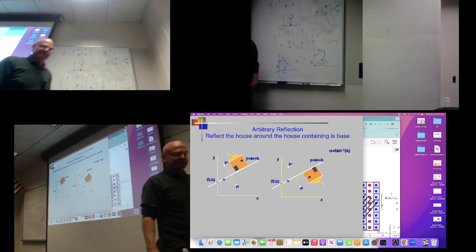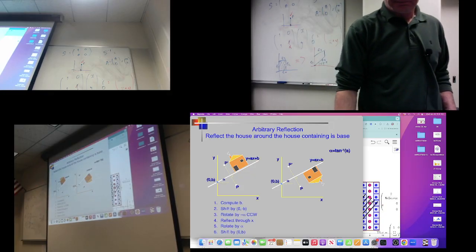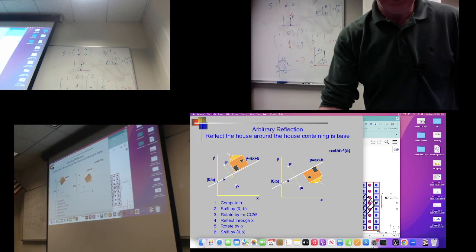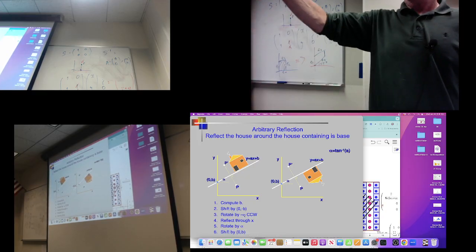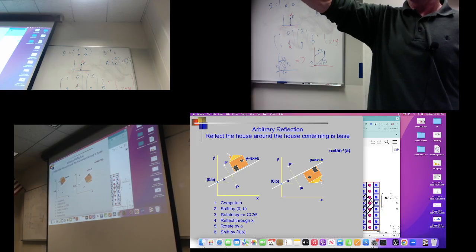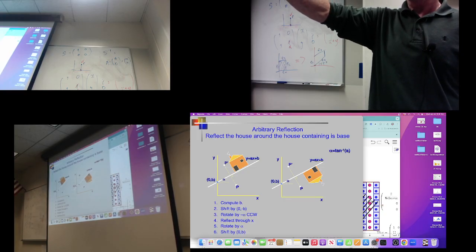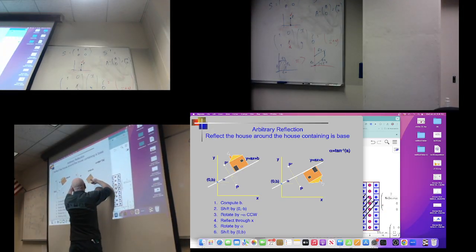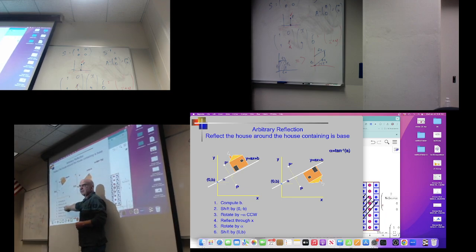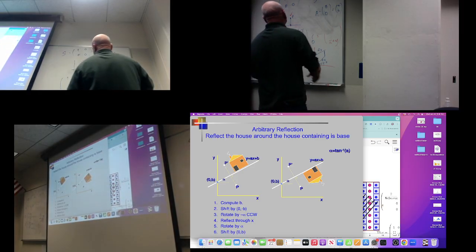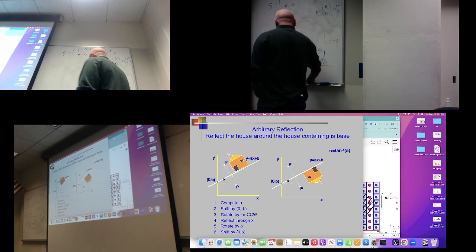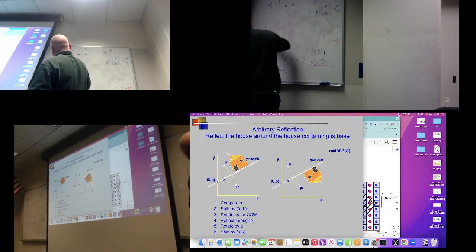What else? That was just the first step. What next? Now rotate by alpha. Rotating by alpha is counterclockwise, always counterclockwise. If I want to rotate clockwise, it needs to be rotated by minus alpha.